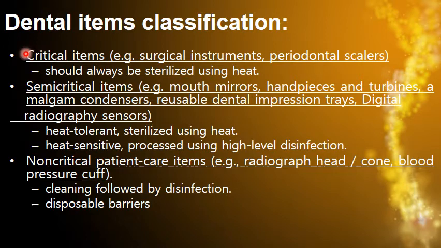Now we will classify dental items or dental instruments into three categories based on their uses during the operations or with the patients. We have critical items like surgical instruments or periodontal scalers.